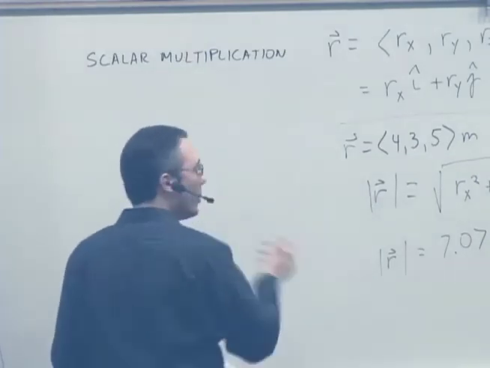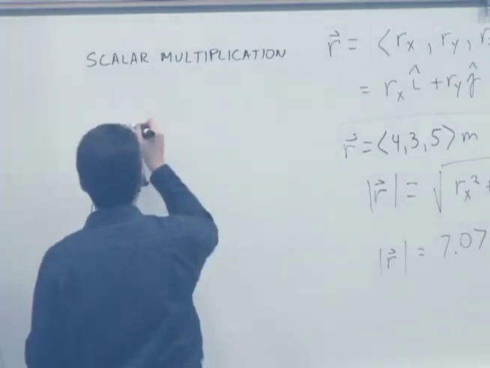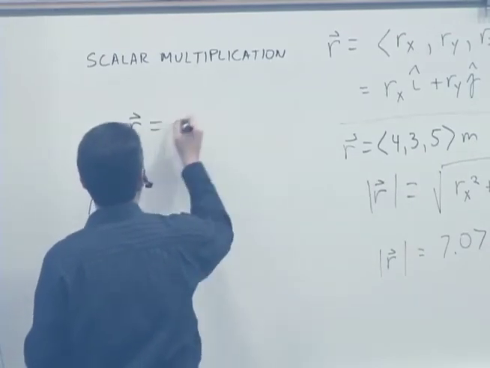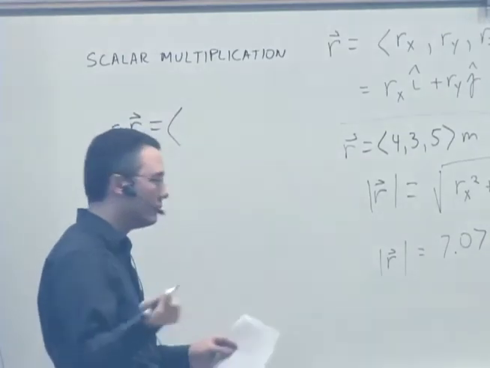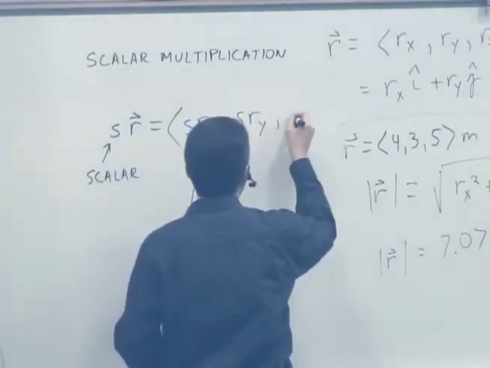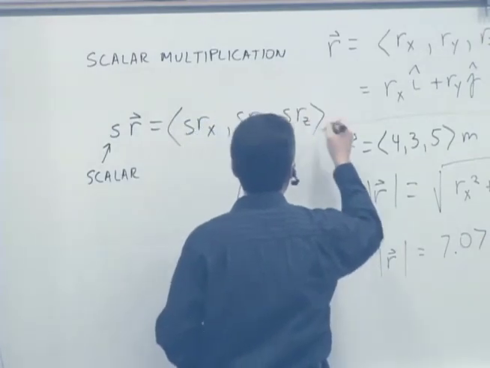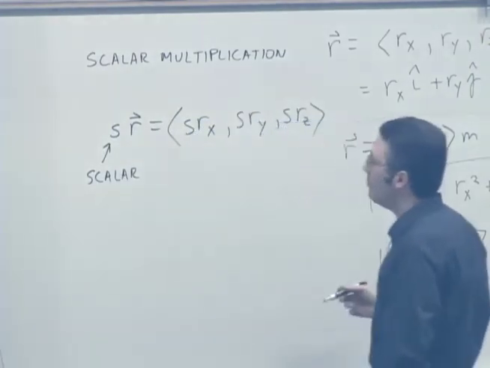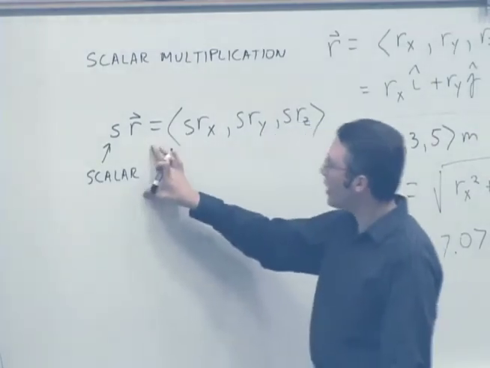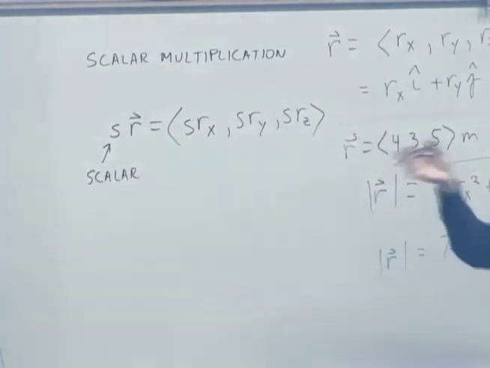And what do I do to the components? So if I have, say, s times vector r, where s is a scalar, then what are the components of this vector? S times rx, s times ry, s times rz, okay? How does the direction of this new vector compare to just r?